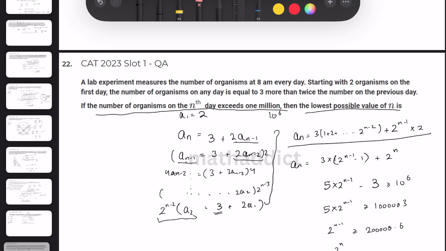2 to the power of n is greater than or equal to, we can round this off, 400,000. No, that's not.